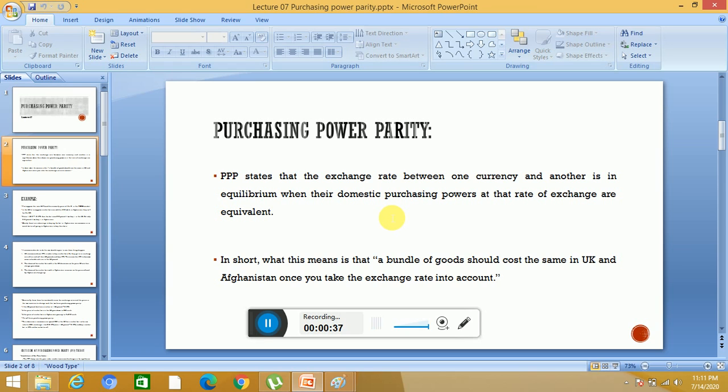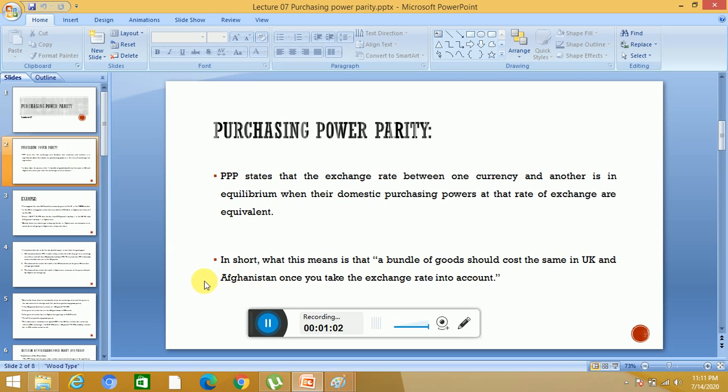Means if the purchasing power in two countries is the same, then their exchange rate will also be the same. In short, what this means is that a bundle of goods should cost the same in UK and Afghanistan once you take the exchange rate into account.